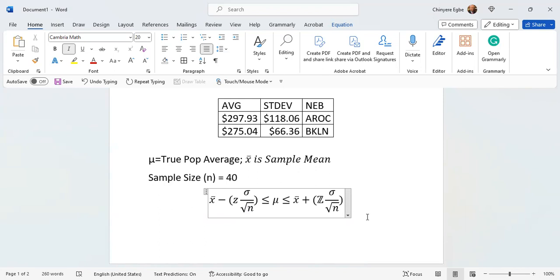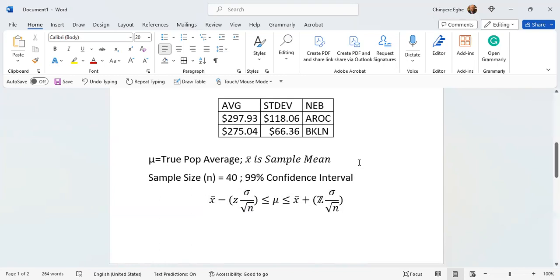What I have not explained to you is the level of confidence. Let us try a 99% confidence interval. In that case, we have to choose a Z that gives us a 99% confidence interval.